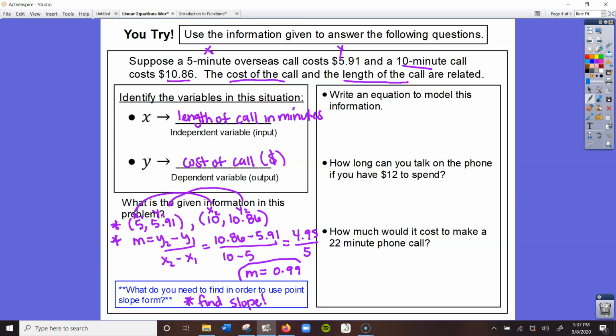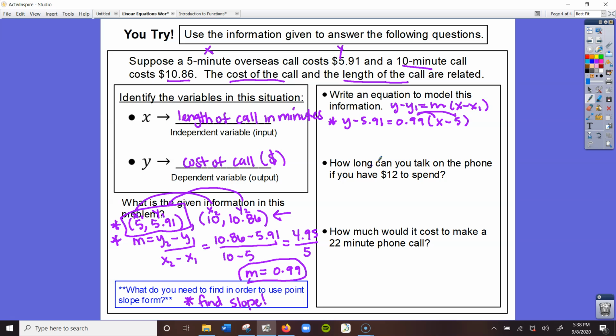Now that we have the slope and we have 2 points, that means that I can use point-slope formula to write my equation in slope-intercept form. So I'm just going to go ahead and use this first point that was given, but it does not matter which point you choose. You can plug in whichever one and you'll still get the same equation. If I'm using that first point, we would have y minus 5.91 is equal to 0.99 times x minus 5. Just as before, we have 2 steps.